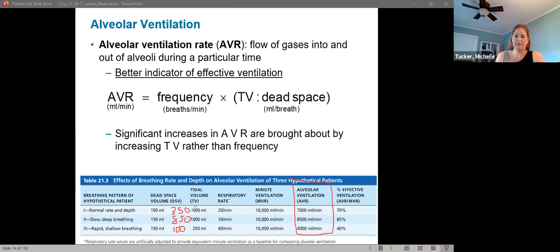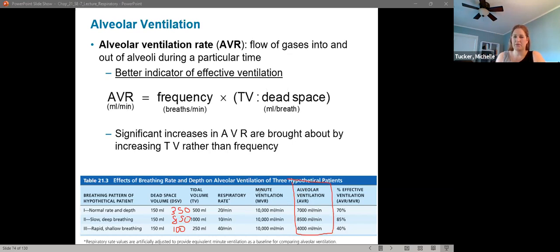So if you look at the amount of fresh air that is brought in times the respiratory rate, that gives you the alveolar ventilation rate.